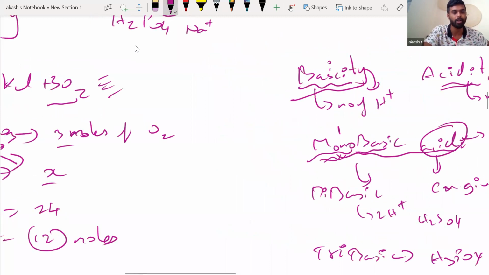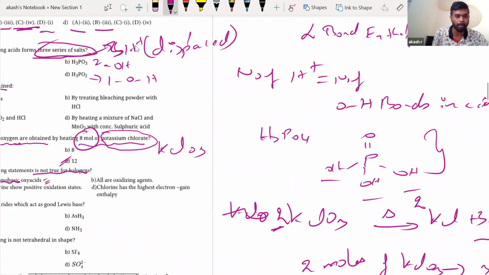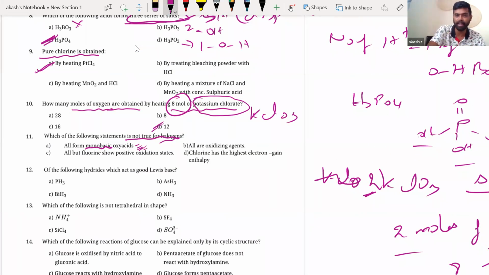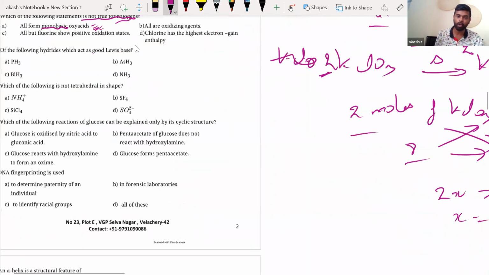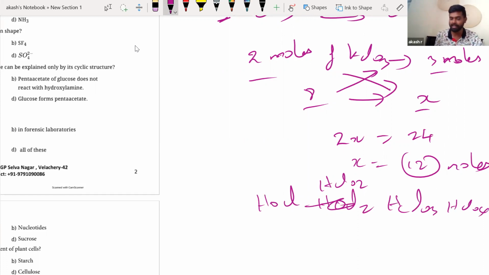Anyways, so where is it? All of the halogens form monobasic oxy acids. I think it is true, right? See, for example, if I take chlorine, what are the oxy acids? HOCl, HClO2, HClO3, HClO4, all these things are possible.